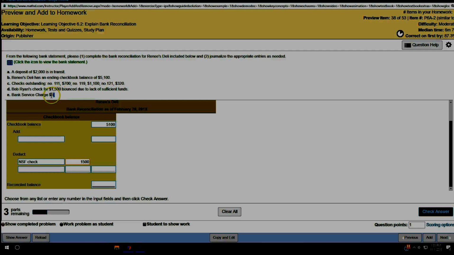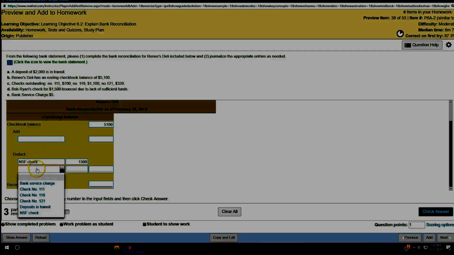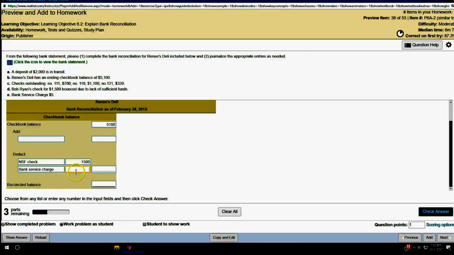The bank charged your account $5 for a monthly service charge. You click in this field here and you'll see there should be a field for bank service charge. Again, the bank subtracted $5. You don't know about it until you get the bank statement.